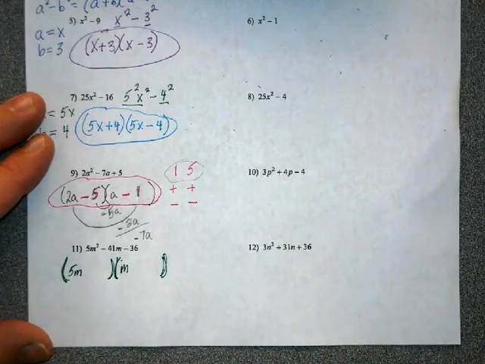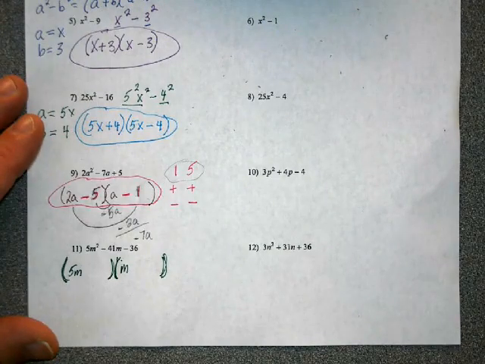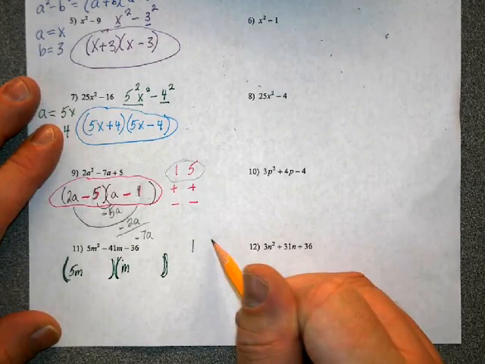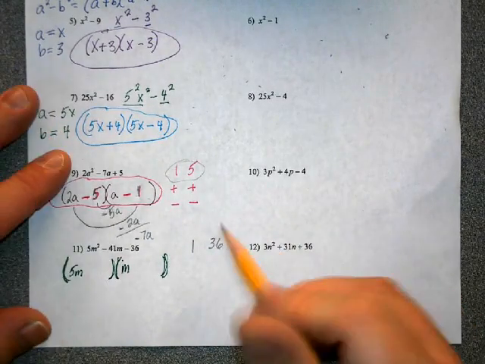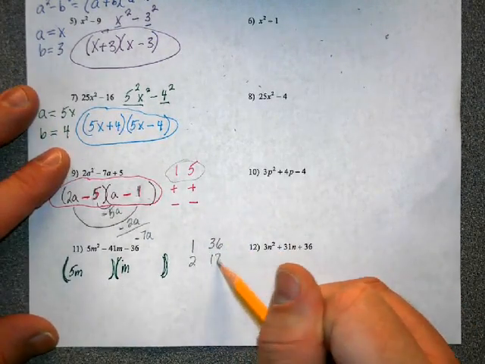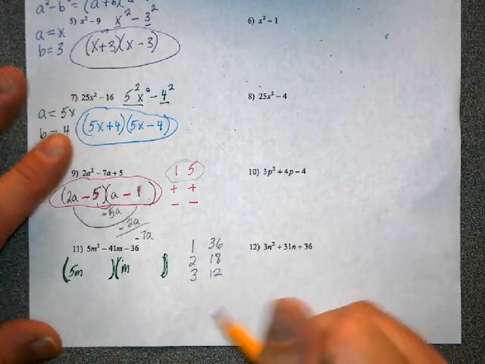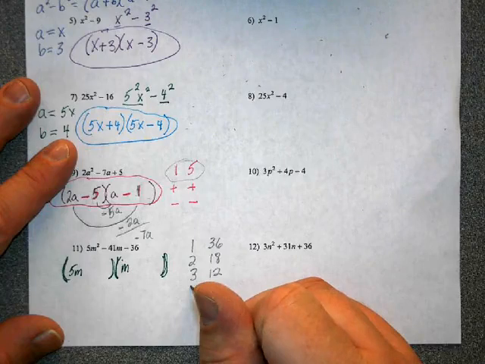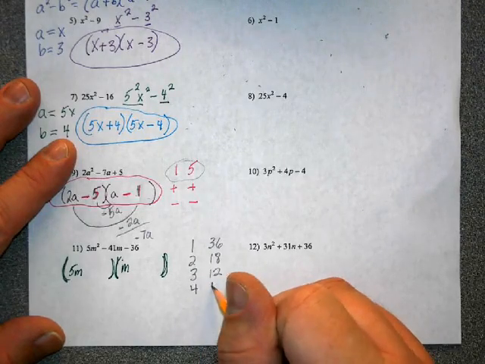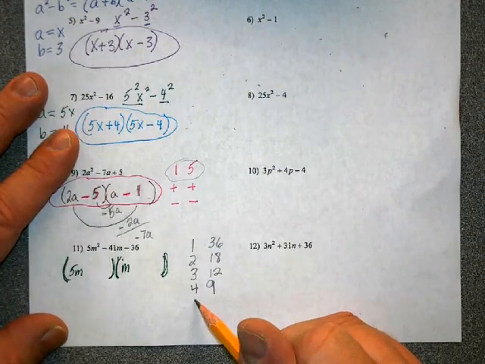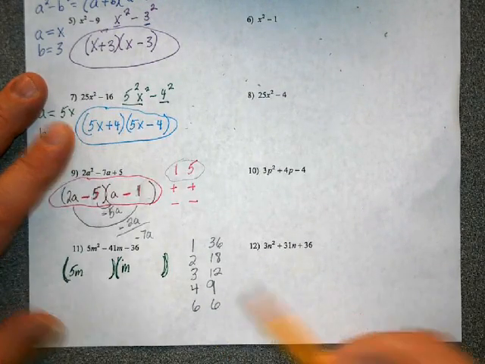Factors of 36. See, 1 times 36, 2 times 18, 3 times 12, 4 times 9, 6 times 6, right? I got them all?